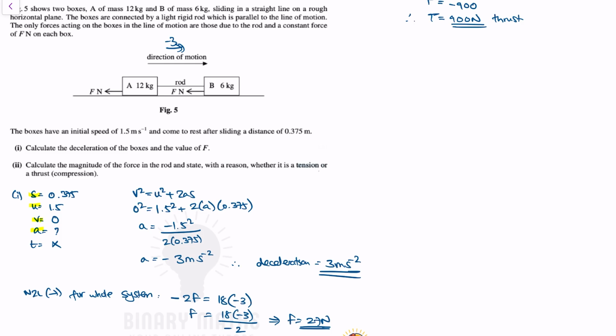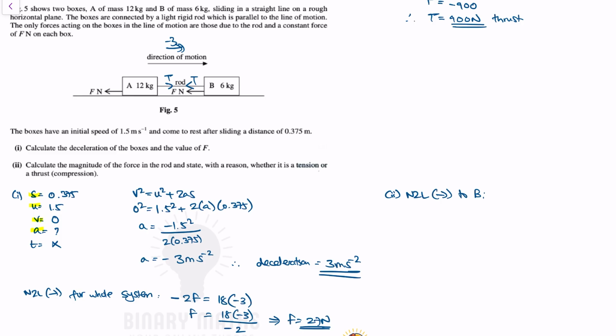Part 2, calculate the magnitude of the force in the rod and state with reason whether it is tension or thrust. Okay, so if we just label it as tension, then we apply Newton's second law horizontally to B. There are no forces acting forward, only 2 forces acting back.